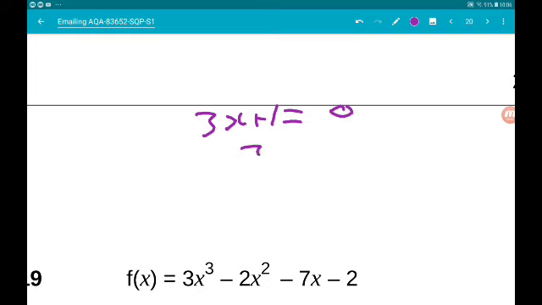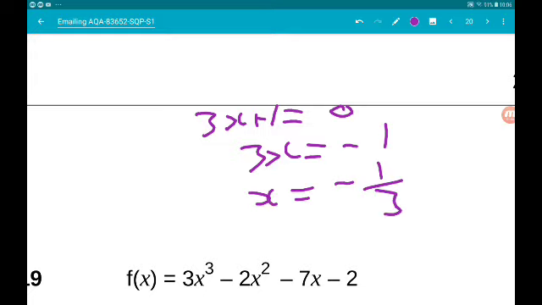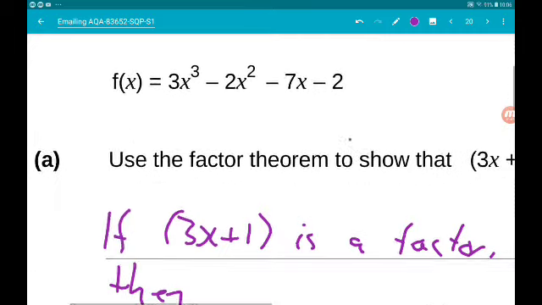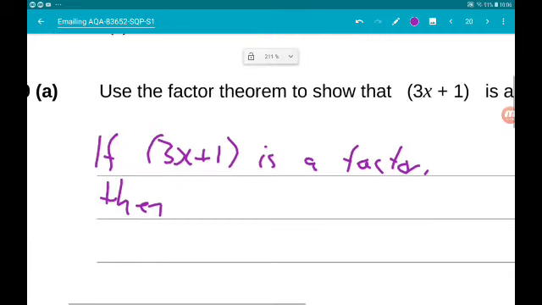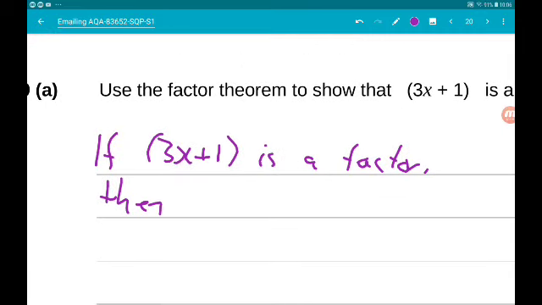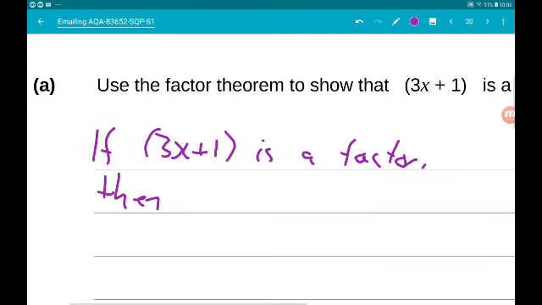So 3x is minus 1, so x is minus a third. So, by the factor theorem, if 3x plus 1 is a factor, then f of minus 1/3 will equal 0.